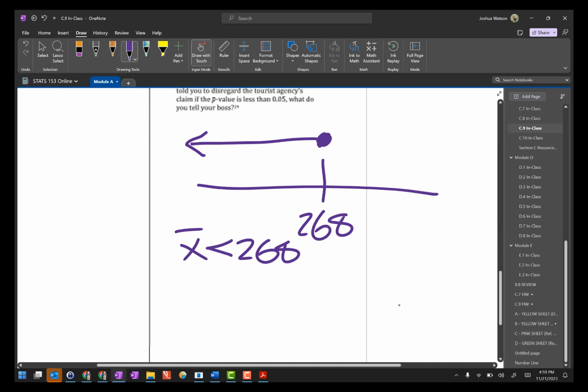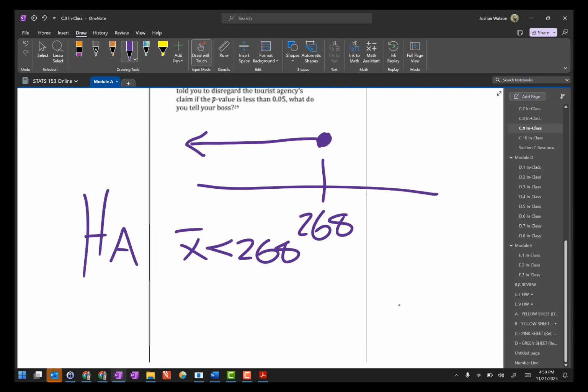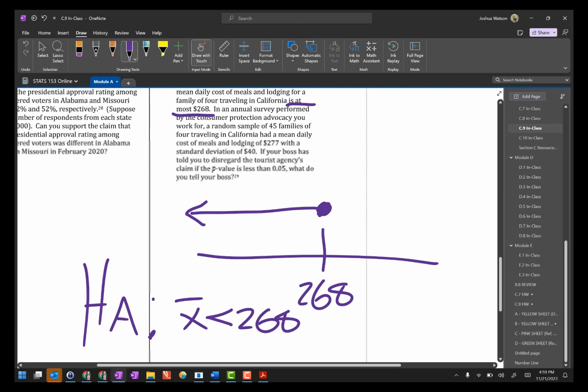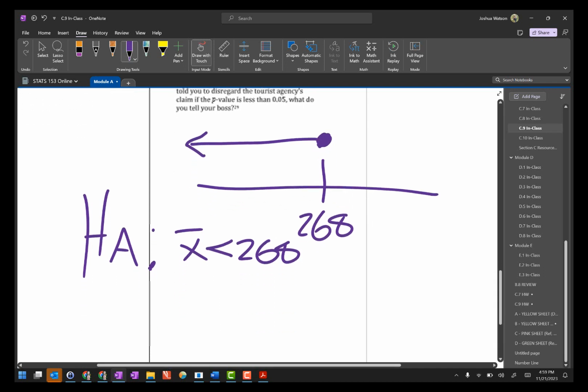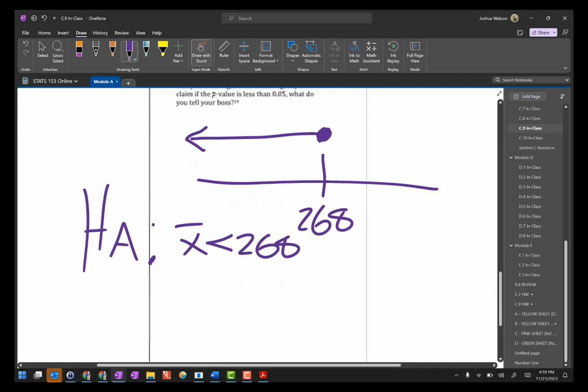So the alternate hypothesis is that X is less than 268. That would also mean that our null hypothesis is that X is, in fact, equal to 268, right? Or you could also look at it as 268 or greater. Those are the same thing statistically.